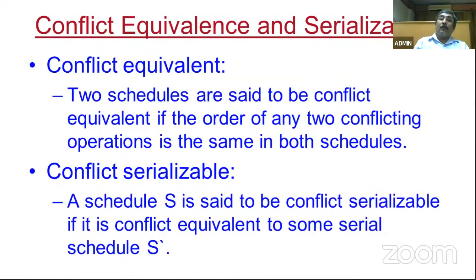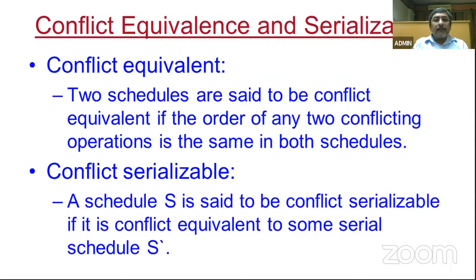Now, there are conflicting operations among two transactions, and if the order of the conflicting operations is the same, then we call the schedule, so a schedule has many transactions actually, conflict serializable.